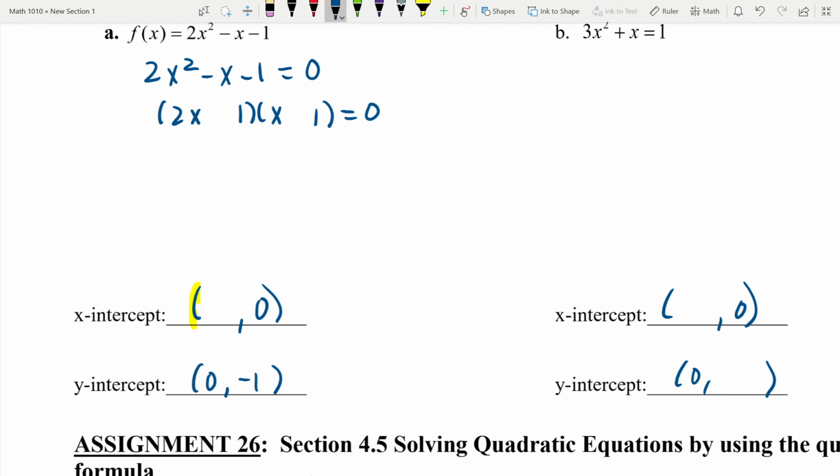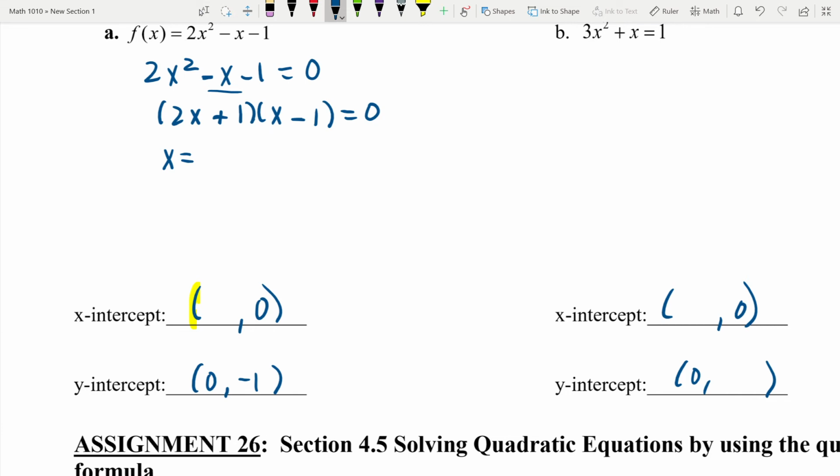Now look at this. I'm trying to subtract to get a 1. So look, I have 2 and 1, which subtract to give me 1. So it totally factors. The biggest sign is the negative, so the negative goes here, and the positive goes there, and it factors. Okay, so I have two x-intercepts.